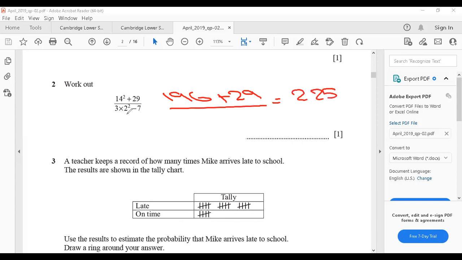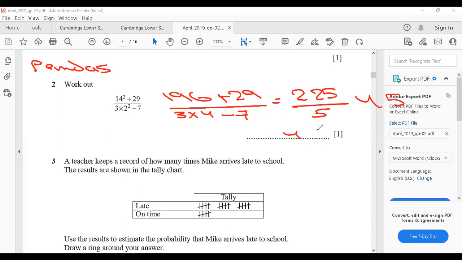For denominator, I have three operations. The first one, multiplication, indices, and subtraction. Which operation I have to start with first? Absolutely, it will be 2 to the power of 2. Very good. Because we know before that PEMDAS, if you can remember about this. Okay. Now 3 multiplied by 2 to the power of 2, it will be 3 multiplied by 4 minus 7. 12 minus 7 equal 5. 225 divided by 5 equal 45.